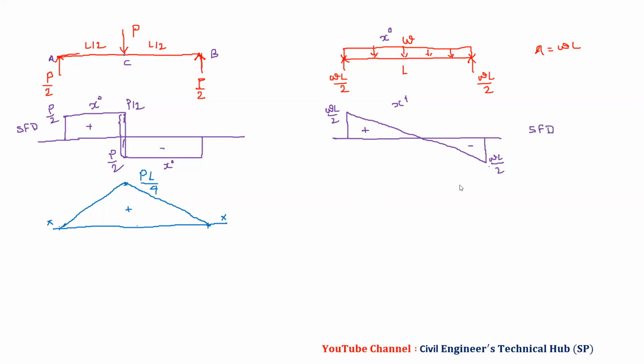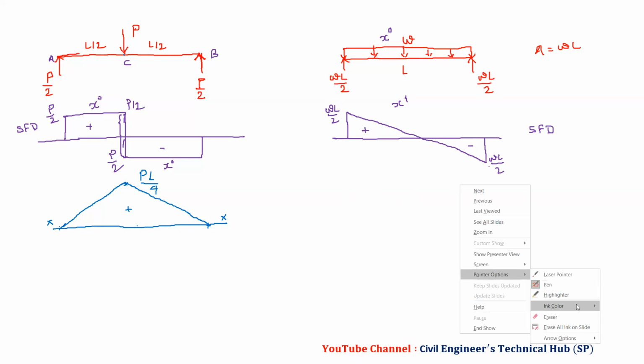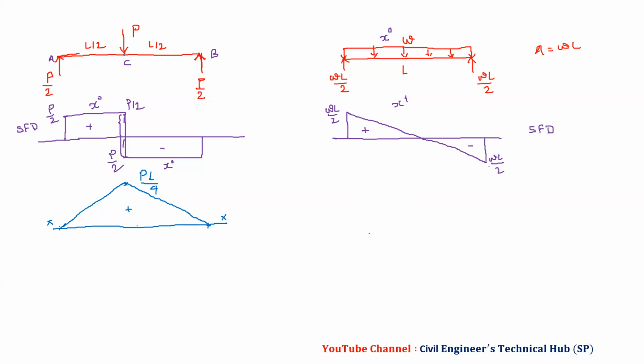And then we have the third diagram which is BMD. Now you can see this is x to the power 1 and we have x to the power 2. As we know, as bending moment increases, slope will decrease.